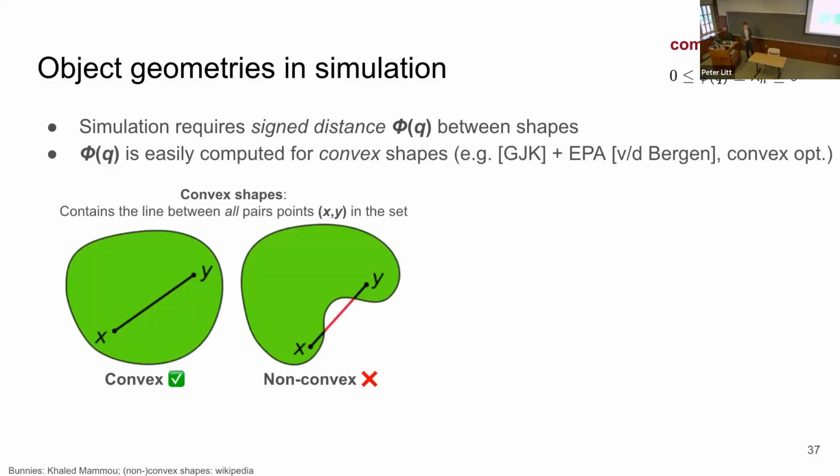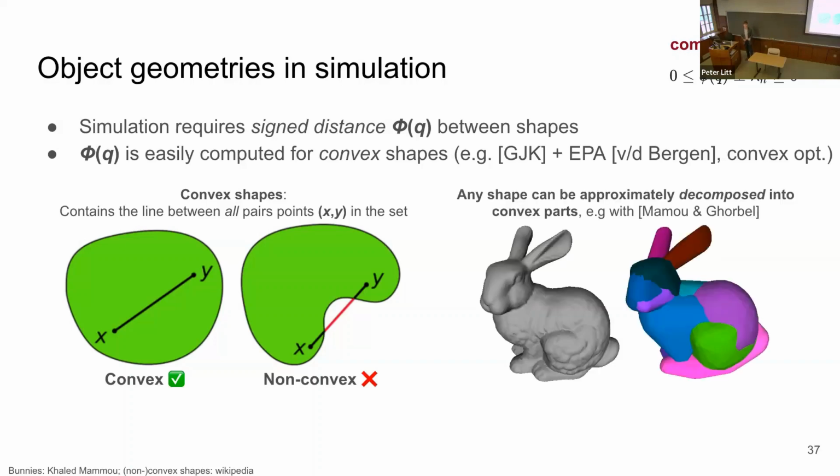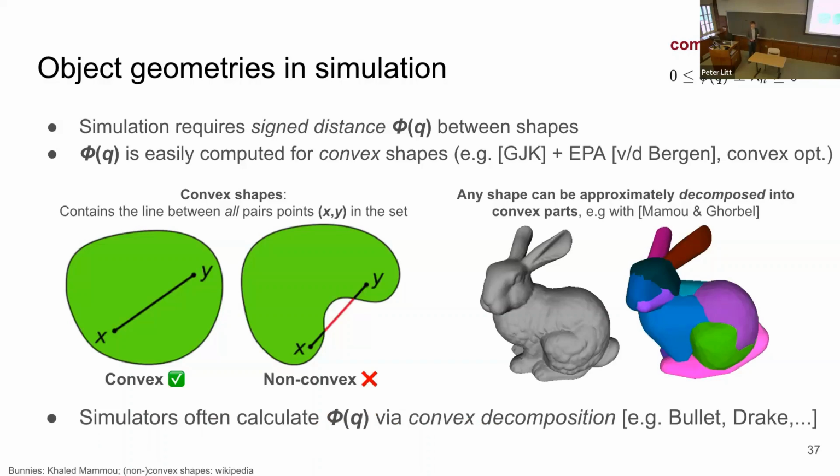In general, this is a very difficult computational problem, but if you know that both of the two shapes that might be touching each other are convex, or they only curve outwards, then there are many classical and modern algorithms that under this assumption can calculate this distance very efficiently, both classical methods like GJK, an expanding polytope algorithm, and modern convex optimization-based ones. And a typical way that simulators capture non-convex geometries is to decompose them into convex parts.